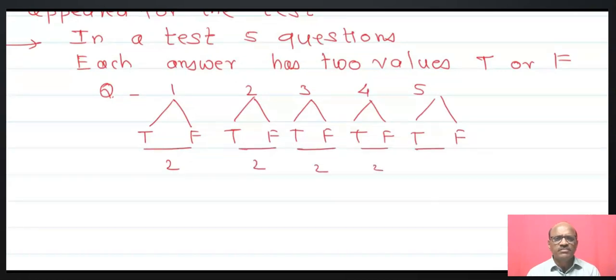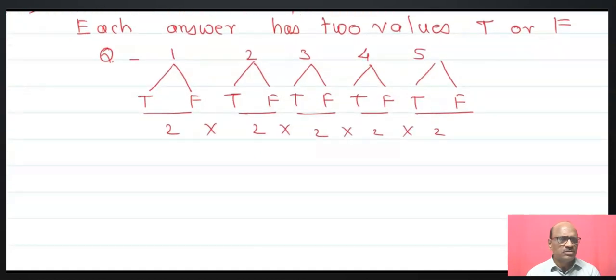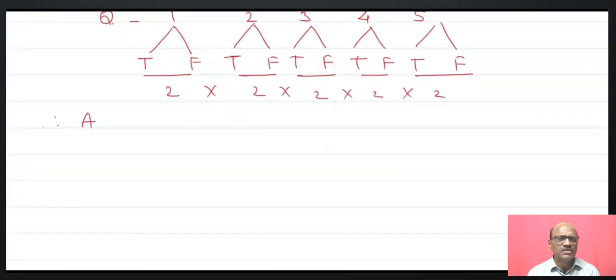Therefore, number of possibilities for answering question number 1 is 2, 2, 2, 2. That is 2 into 2 into 2 into 2, that is 5 times, and that is equal to 2 raised to 5, that is 32.